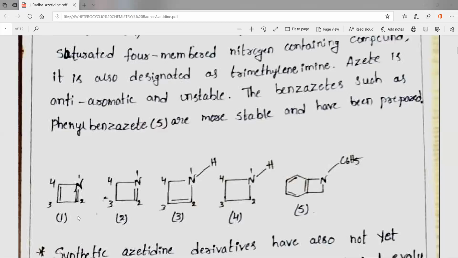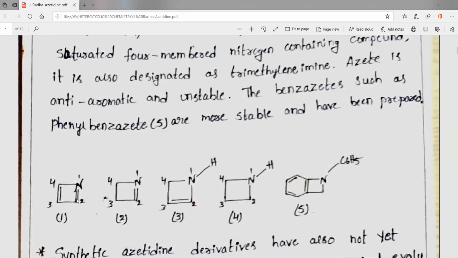So next, another unsaturated form of azetidine is this azet. It is a four-membered system with two double bonds.